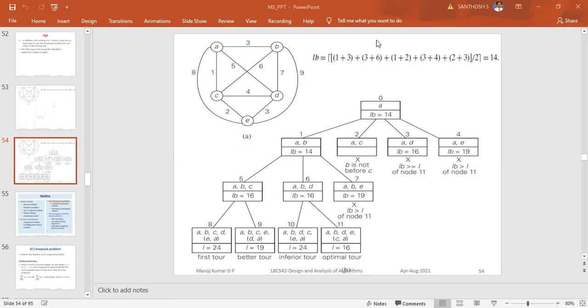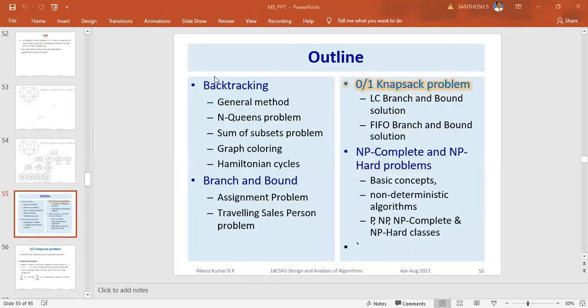As we found, the lower bound is equal to 14. Now the next lower bound you are getting is 16. So that's why we call this one an optimal tour.